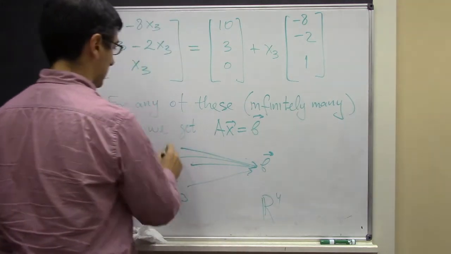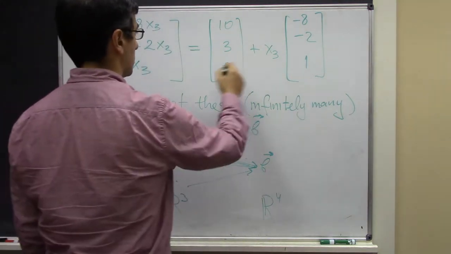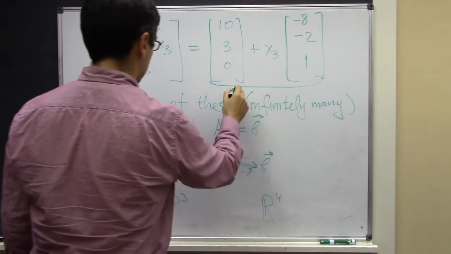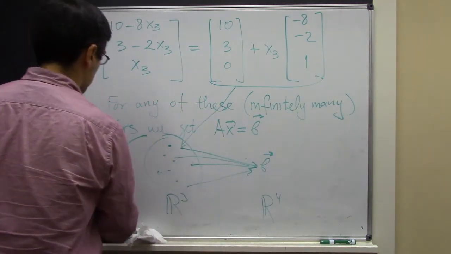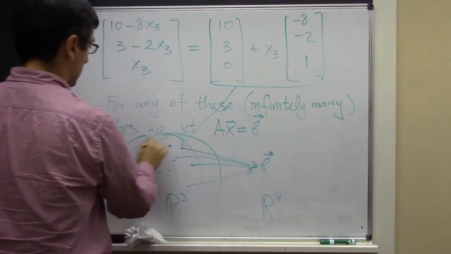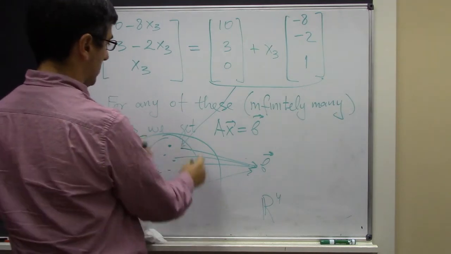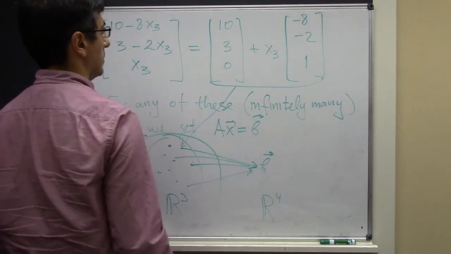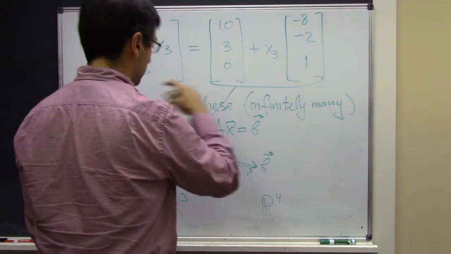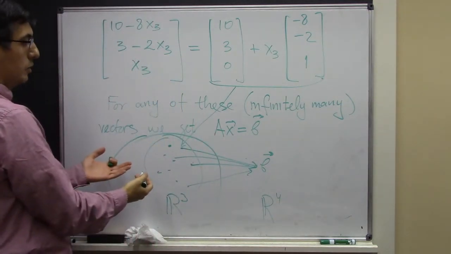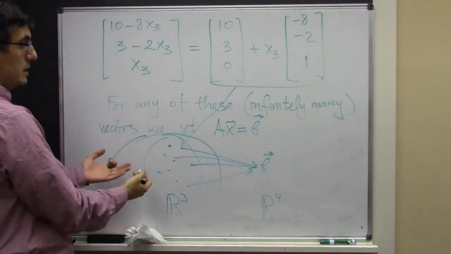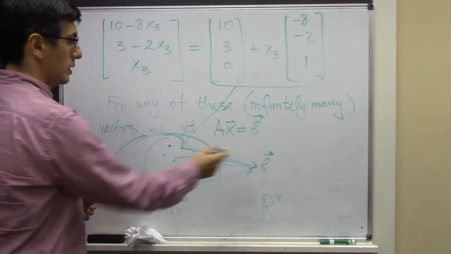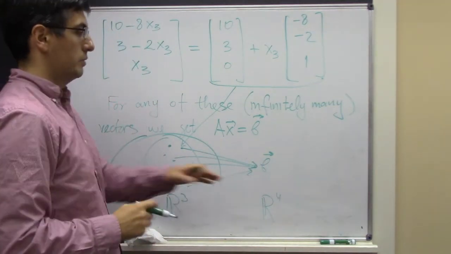This part is a line, so you can imagine some line that maps to a single vector in R4.